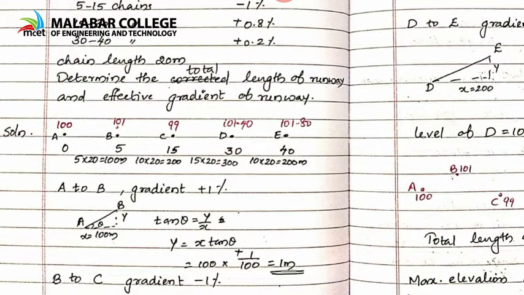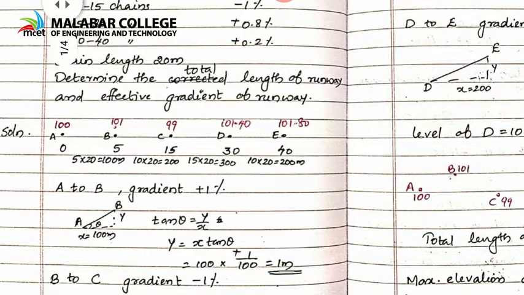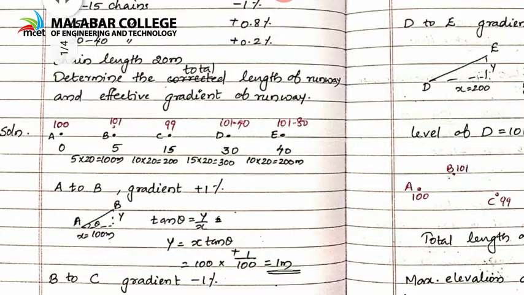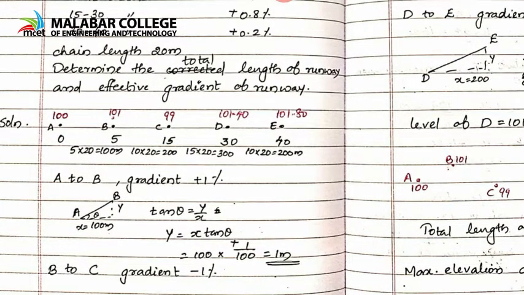Then consider the two points A to B. The gradient is plus 1%, that is increasing gradient. There is horizontal difference and vertical difference. The horizontal difference is x and vertical difference is y. The horizontal distance A to B is 100 meter.